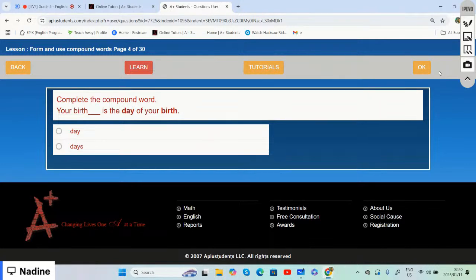Option one is a day of your birth, or do we say your birth days is the day of your birth? So do we say day or do we say days?